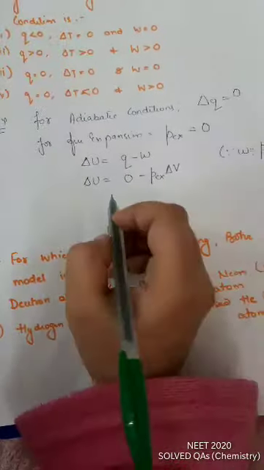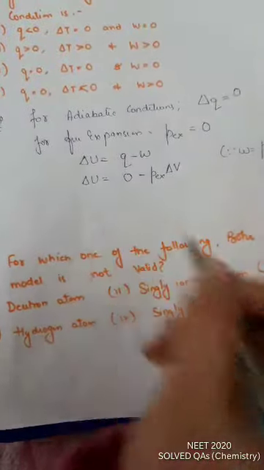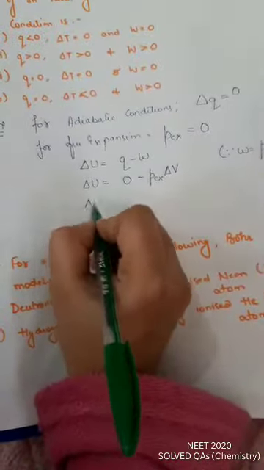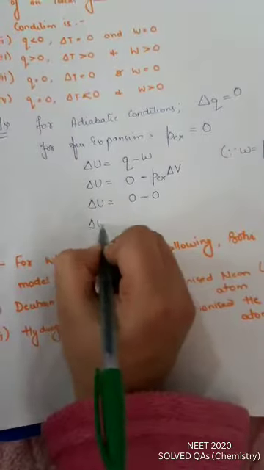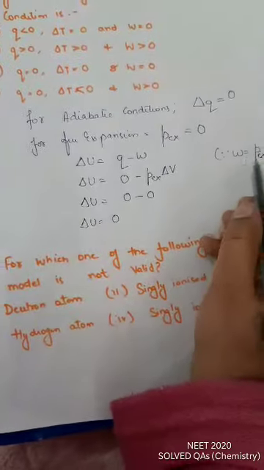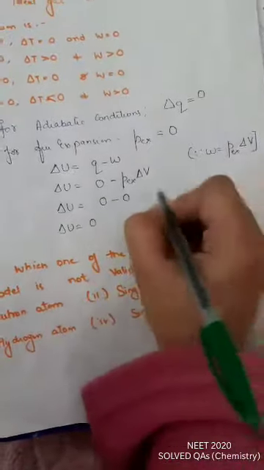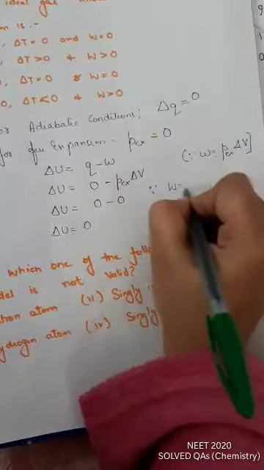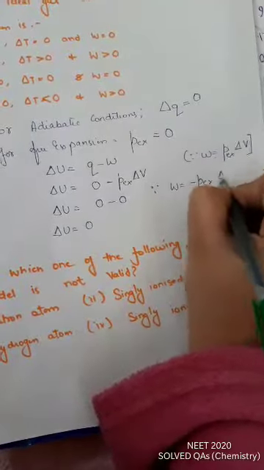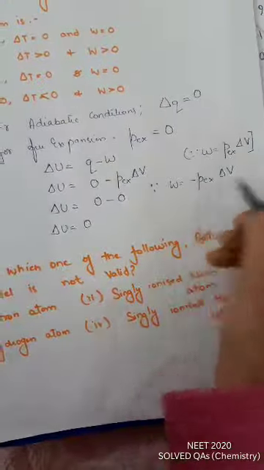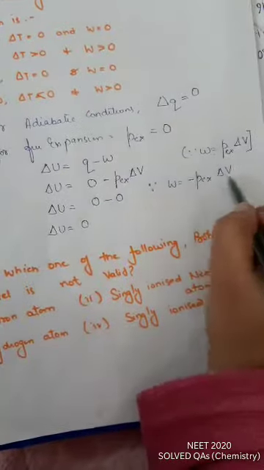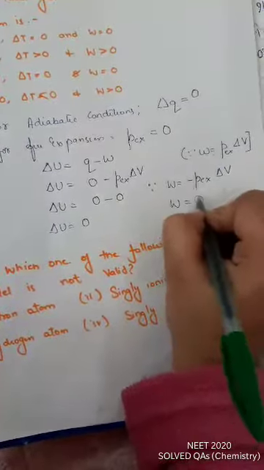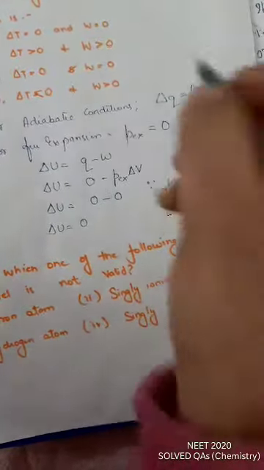Now del U is equal to 0 minus 0, so del U is equal to 0. How is the work 0? Because work is equal to minus P external del V, and for free expansion in adiabatic condition P external is equal to 0, so the work is also equal to 0.